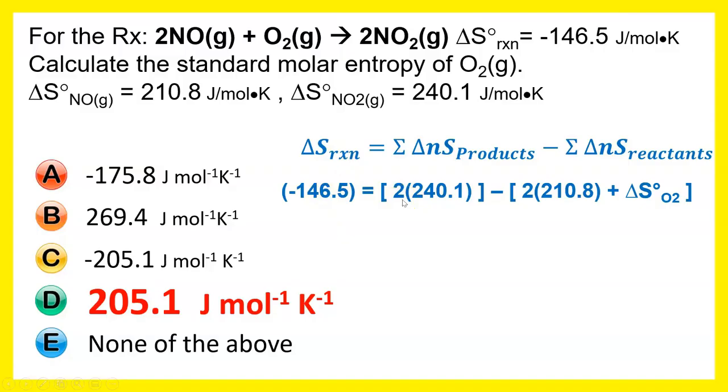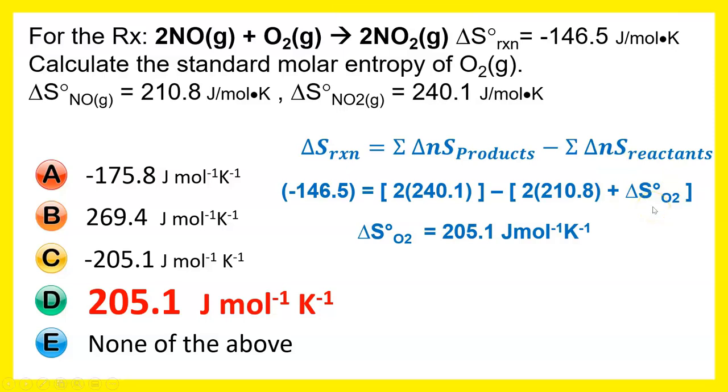I had 2 moles of products over here, so make sure you put the 2. Over here I have 2 moles of nitrogen monoxide, and I only have 1 mole of oxygen. So I'm solving for delta S of oxygen.